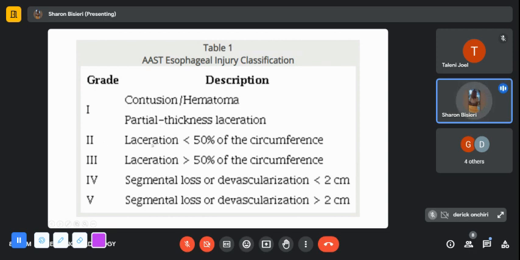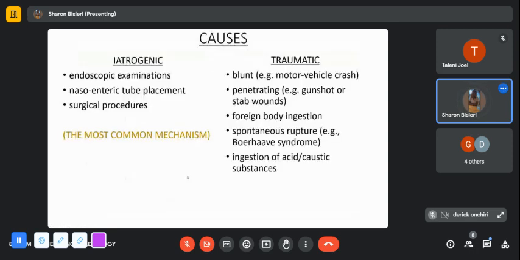In grade 2, you have a laceration that only involves less than 50% of the circumference of the esophagus. Grade 3 is when it involves more than 50% of the circumference. Grade 4 is when you have segmental loss or devascularization of less than 2 centimeters, and grade 5 is more than 2 centimeters. So surgically, this is how they grade it. I didn't come across how they grade it radiologically.